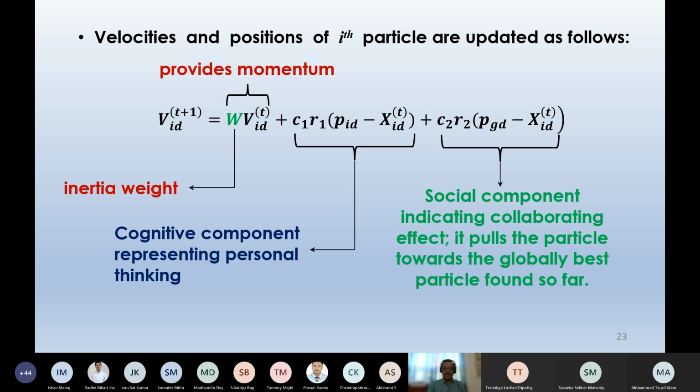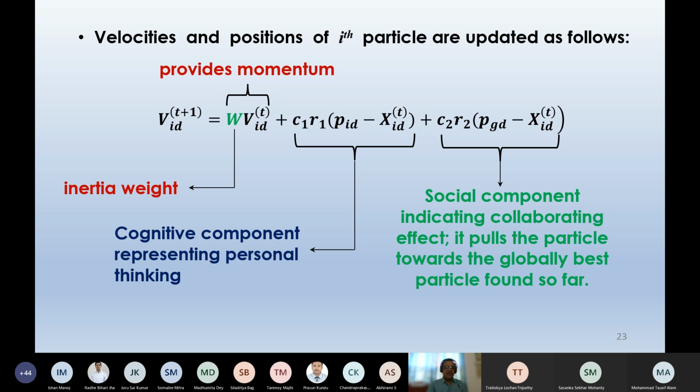I'm just going to explain each of these terms. Our aim is to update the velocity of the ith particle, concentrating on the dth dimension and its condition at the t plus 1th iteration.